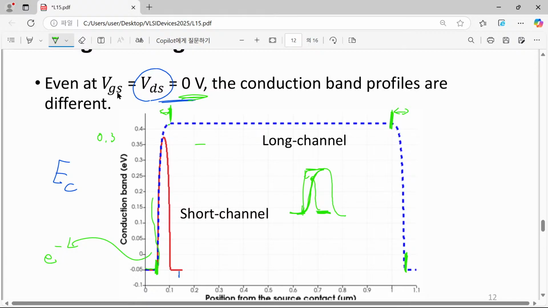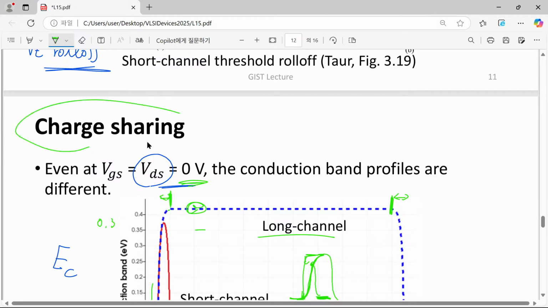So simply speaking, the junction between our source and channel, or the junction between drain and channel, needs a certain length scale to have our ideal channel region. However, if we reduce our length scale too much, then there is not enough length scale to reach the maximum value available for our long channel device. That's the reason why we have a relatively lower one, and this is called charge sharing.